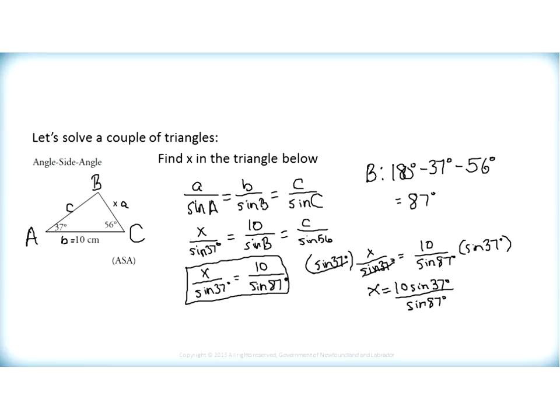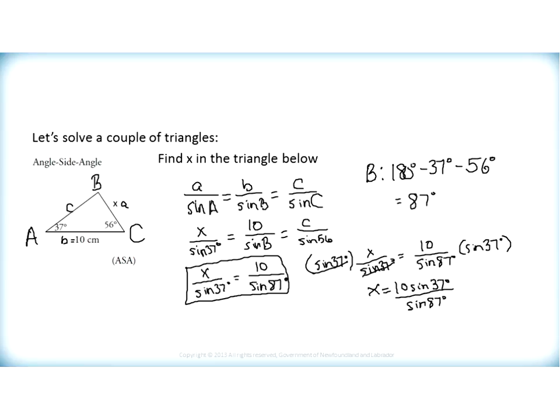So now I'm going to multiply 10 by 37, then hit the sine button. And I'm going to divide that by 87 sine.